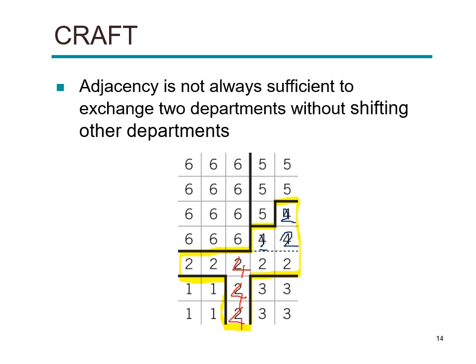So wherever you start for this department 4, it always divides the area into 2 disconnected parts. Even if you start from here, 4 and 4, the remaining area for 2 is disconnected. So it means that sharing the same border does not always mean that you will end up with a feasible layout after the exchange.